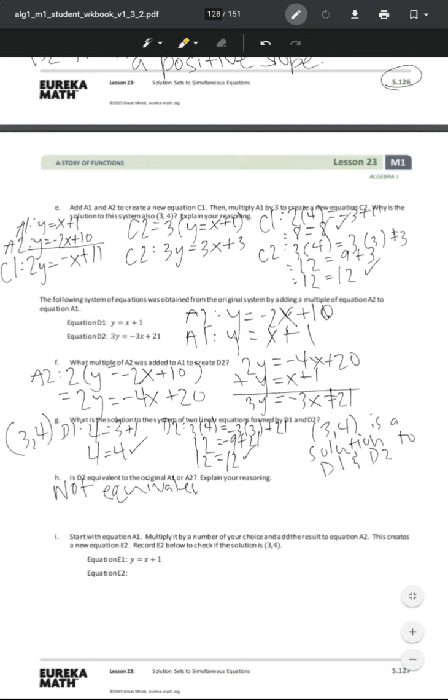It's not equivalent because D2 has a slope of negative 3, and A1 has a slope of positive 1, and A2 has a slope of negative 2, and there's nothing we can do that will give us that, because D2 has a slope of negative 3, so they're not multiples of each other.